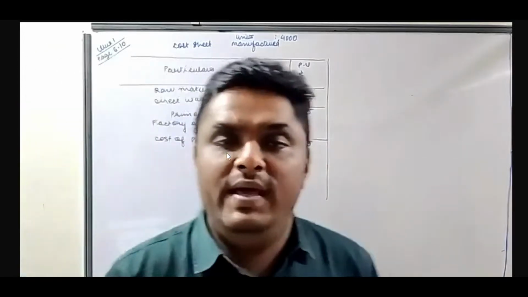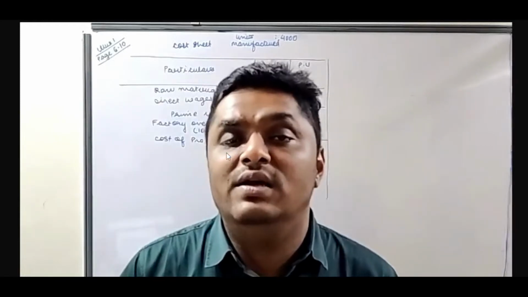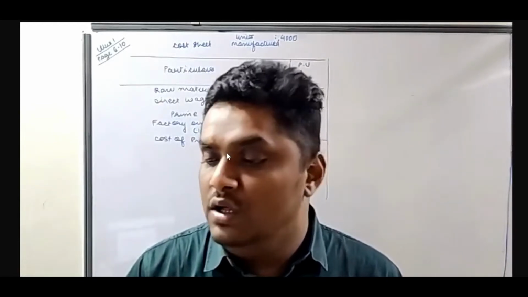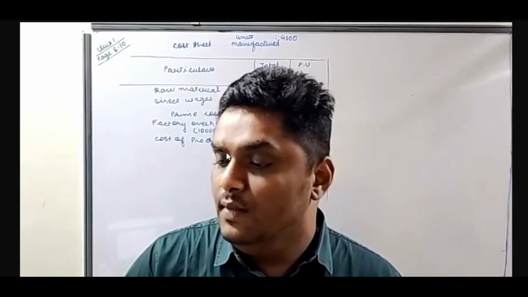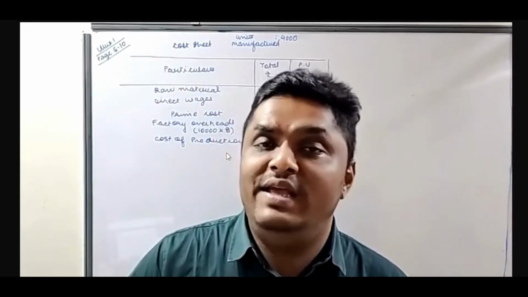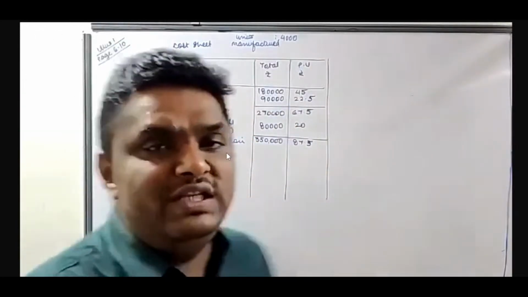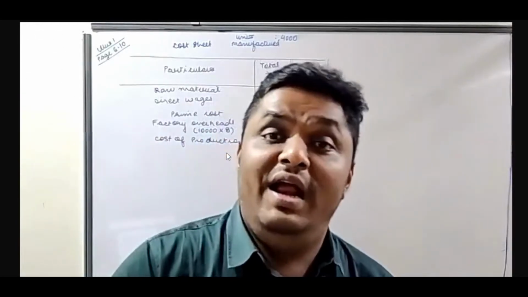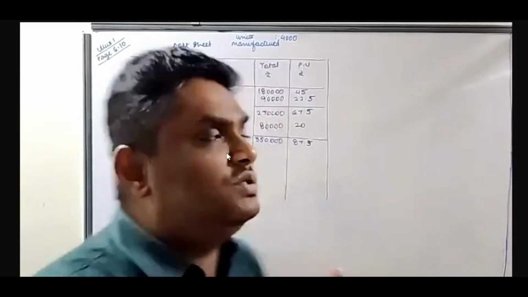In this, if we make adjustments of opening and closing stock of finished goods, we will get the cost of goods sold. So herein no information is given as regards opening stock, but yes, the closing stock is there because the units manufactured are 4,000 and the units sold are only 3,600. It means 400 units are still in stock.